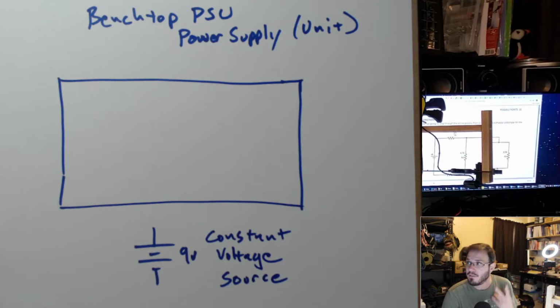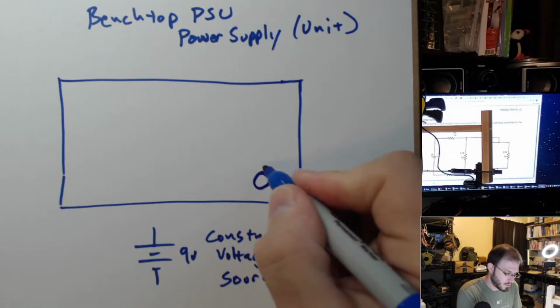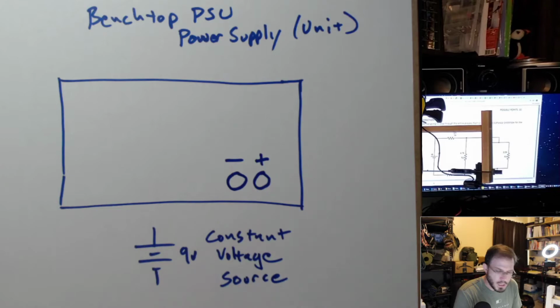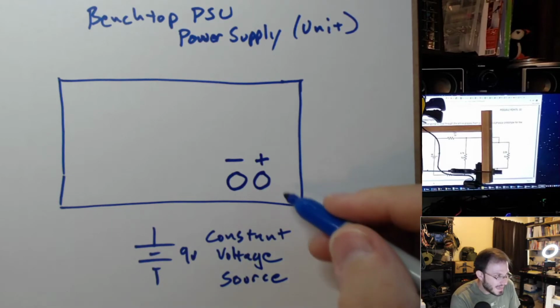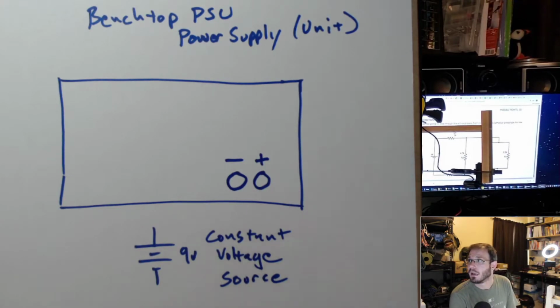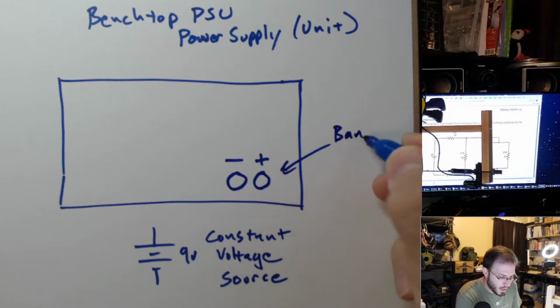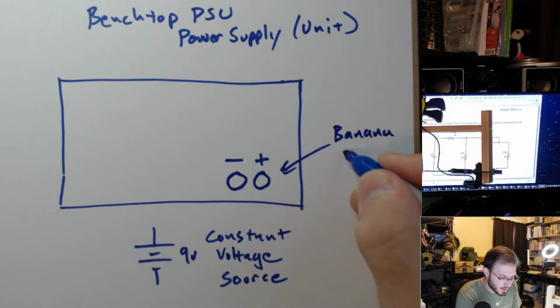And so there's a few features that you're going to see in most benchtop power supplies. First off, they're going to give you a plus and a minus. And usually they give you something like a banana plug. Let me go ahead and show you what a banana plug looks like.